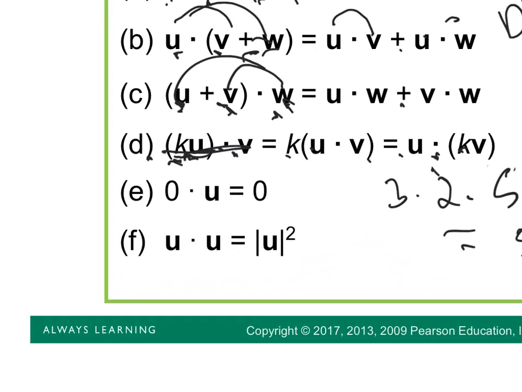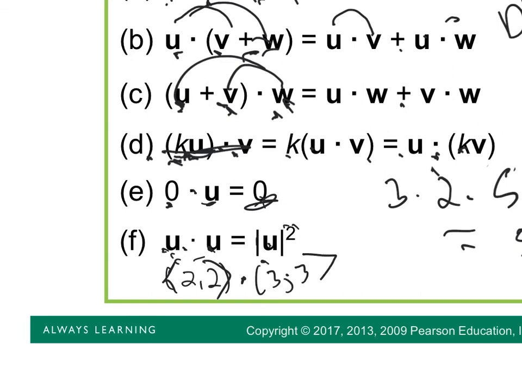And if you take a vector and dot product it with 0, you get 0. And if you take a vector and dot product it with itself, all it does is give you the magnitude of that vector squared, which makes sense. Here's my example: 2, 2 dotted with 3, 3. 2 times 3 is 6, plus 2 times 3 is 6.